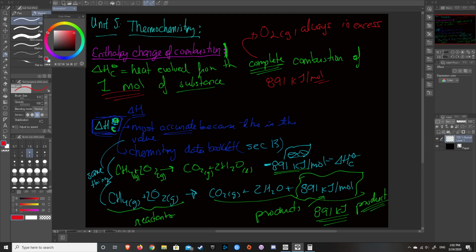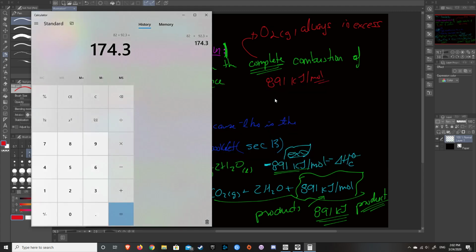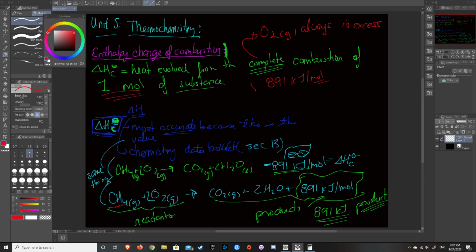If we had 2 moles of methane now burning in the air, we'd just double this. 891 times 2, we have 1782. So this is for 1 mole, and for 2 moles, we have 1782 kilojoules per 2 moles.